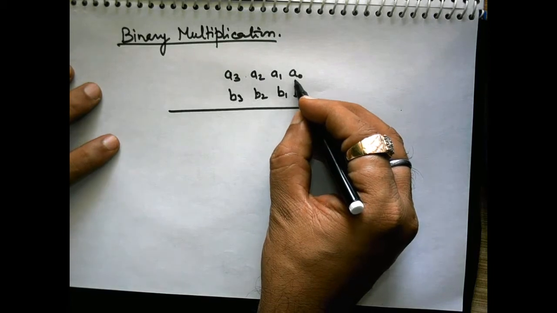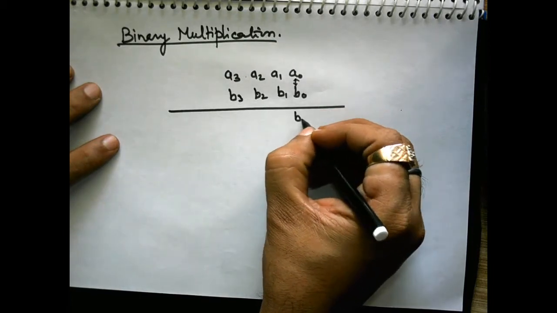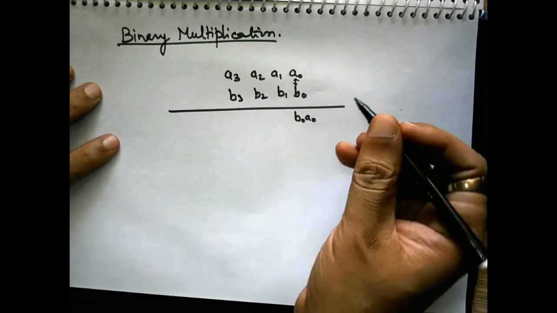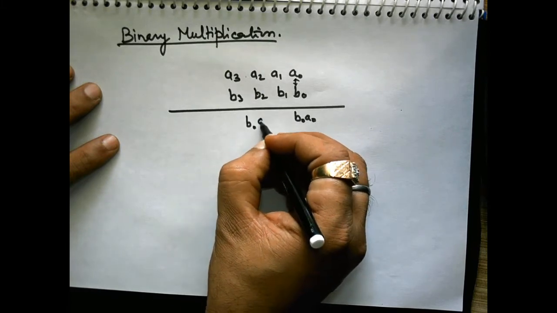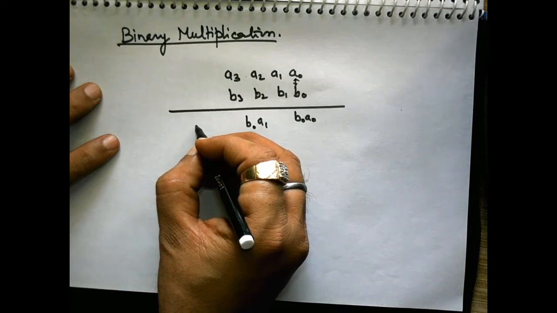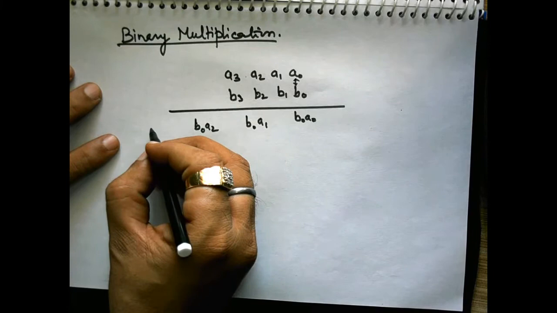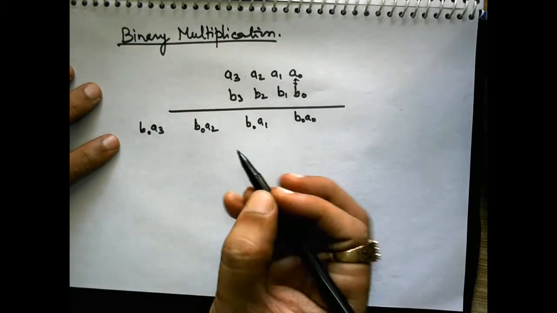We simply get the ANDing of B0 with A0 and put the ANDed result over here. Then we AND B0 with A1 and put the result over here. Then we AND B0 with A2 and put the result over here, and B0 A3 and put the result over here.